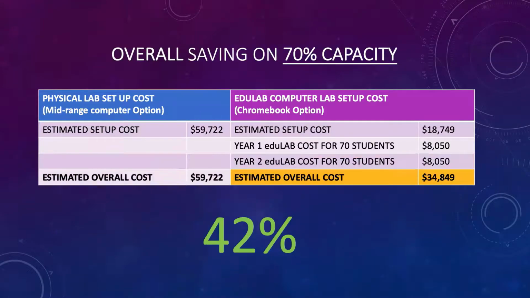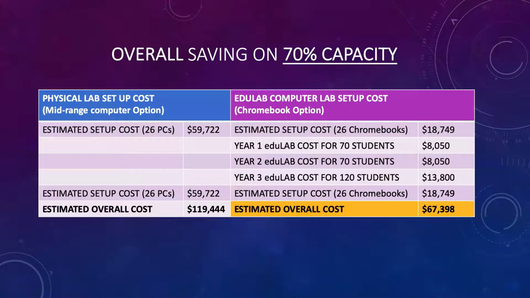Let's say in the second year, you have another 70 students intake. Then the total overall spending comes to $34,849, a saving of 42% compared to having a physical lab. Let's say in the third year, suddenly you have an influx of students and you have 120 students, which means you have to open up another lab.